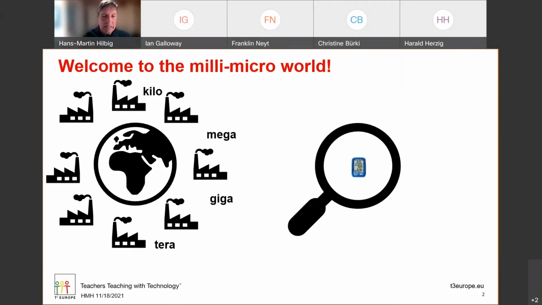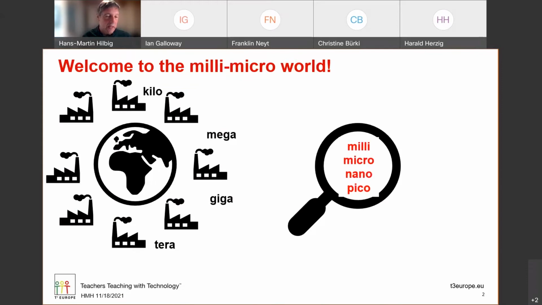But looking at this tiny world with a spyglass, it will present the same challenges that we have in the big world. For that reason, it is appropriate to have a closer look at tiny electronic devices that are living in the milli, micro, nano, or pico world. This is what I will be talking about.